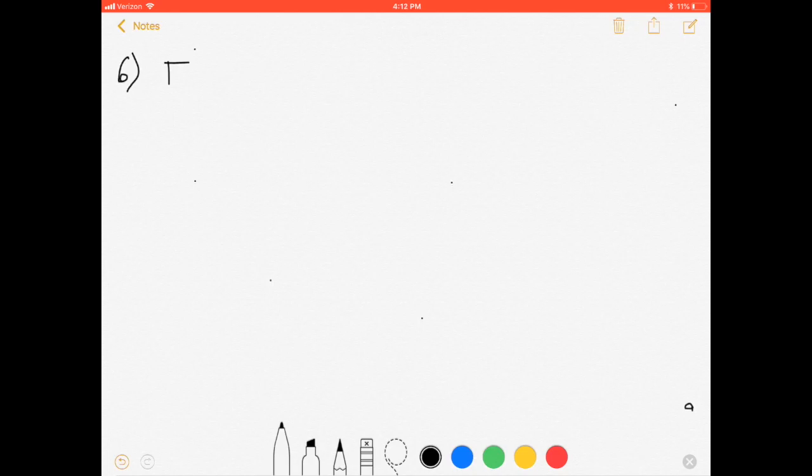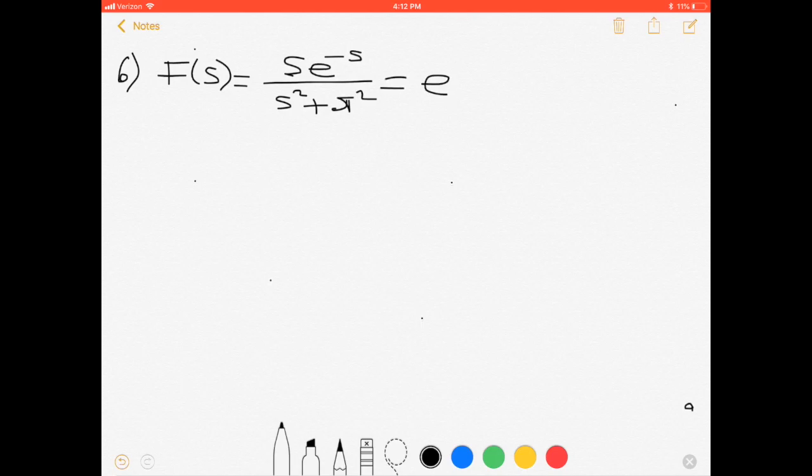Number 6. Your Laplace transformation gives us the function s e to the minus s over s squared plus b squared. This means here you have an exponential function multiplied by s over s squared plus b squared. Okay, what do you have here?